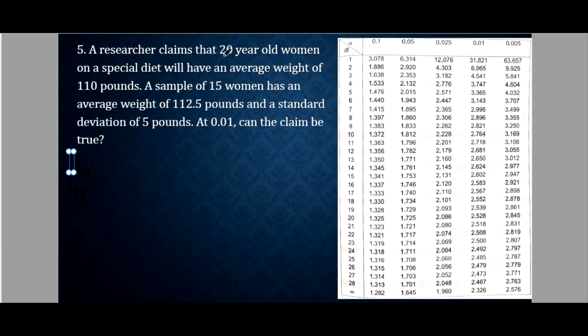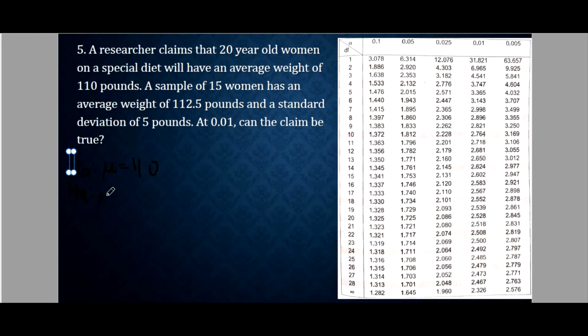So the claim is that 20-year-old women on a special diet will have an average weight of 110. So meaning this uses the equal sign, so this falls on the null hypothesis. So 110 pounds.